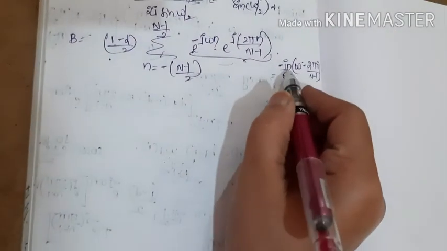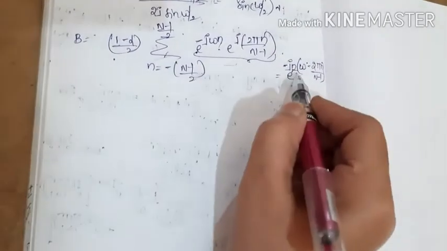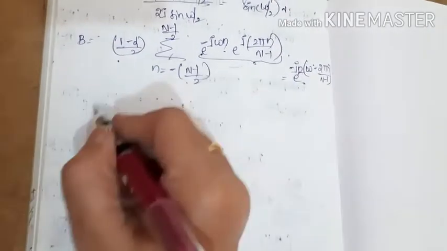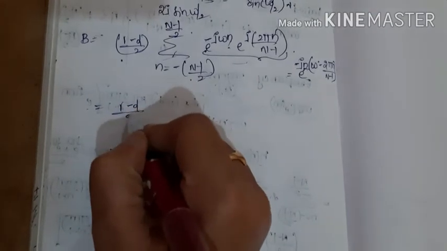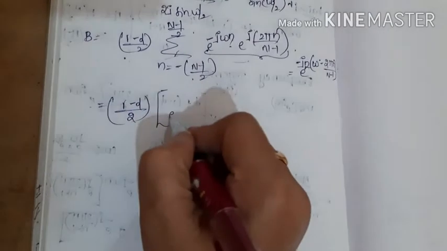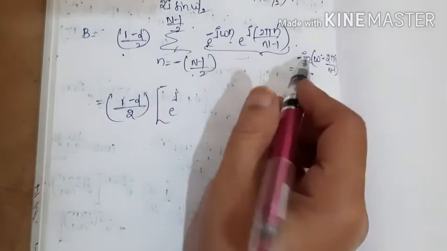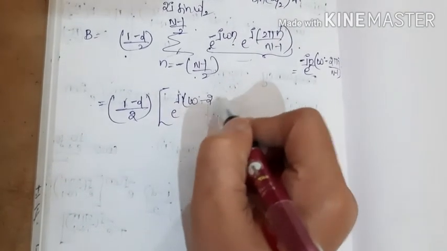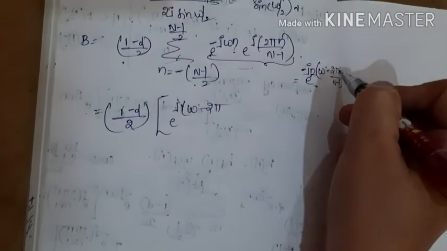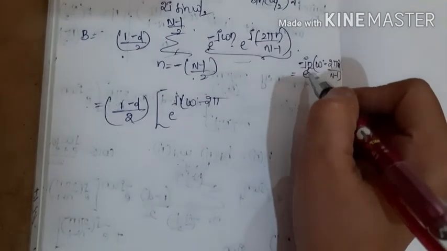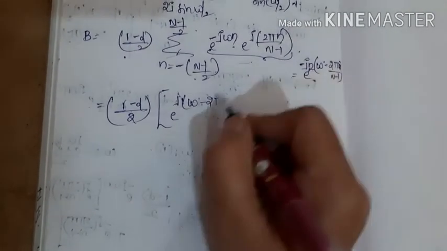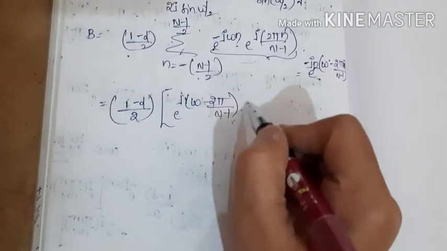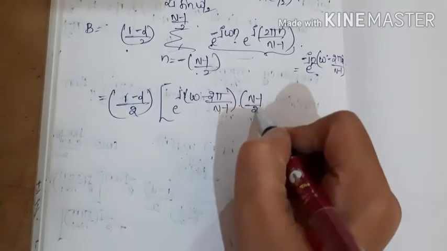So now just expand the summation by substituting n is equal to this one and this one as we did for a term. E power minus term, so minus minus will become plus j omega minus 2 pi, here I won't get n term because already we took n as a common term, omega minus 2 pi by n minus 1 into n minus 1 by 2.